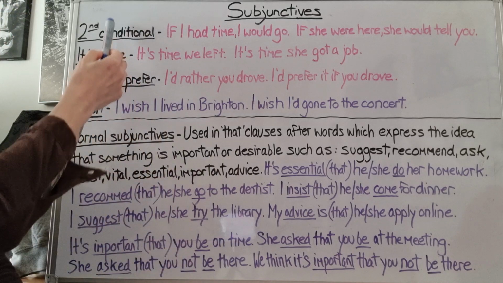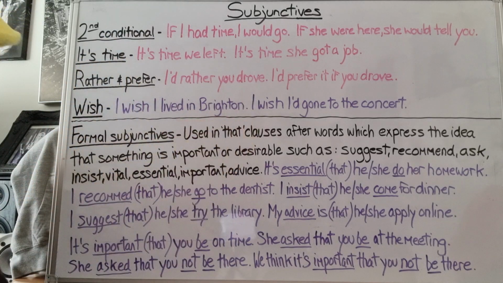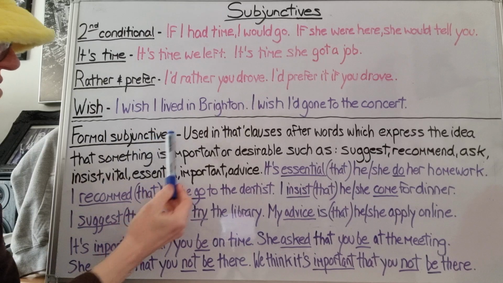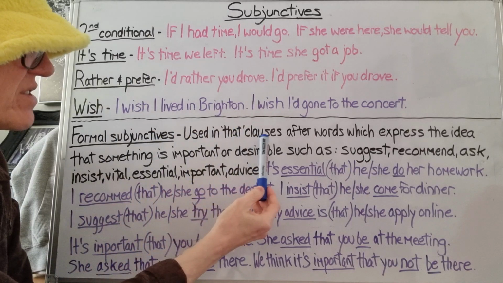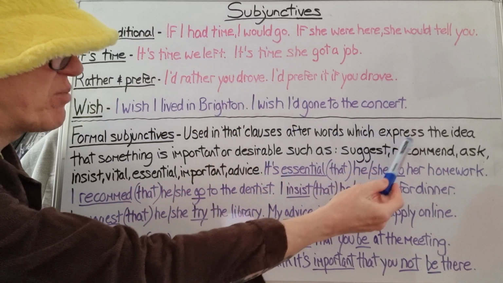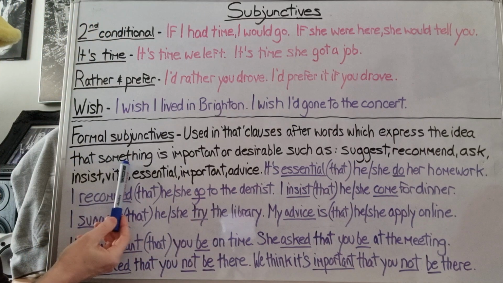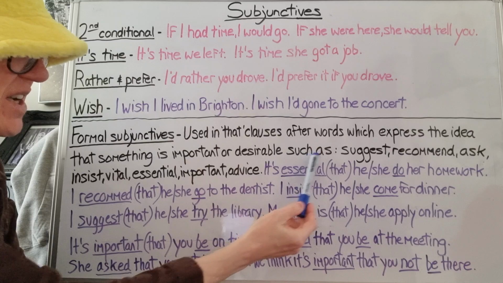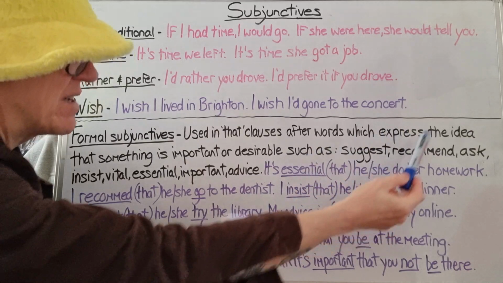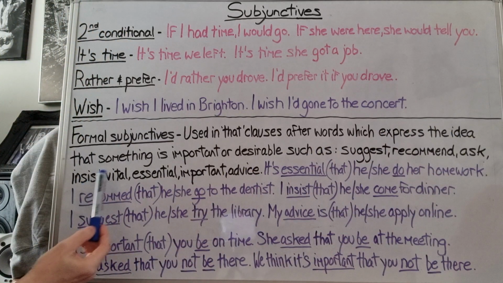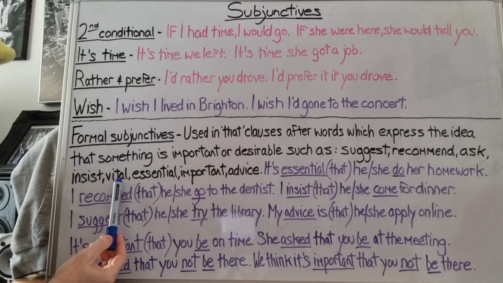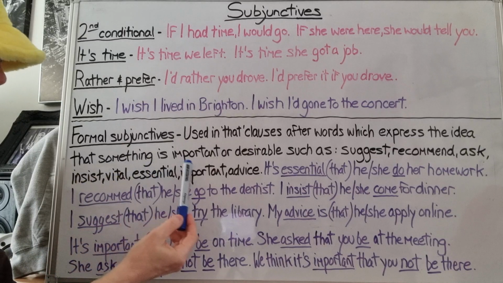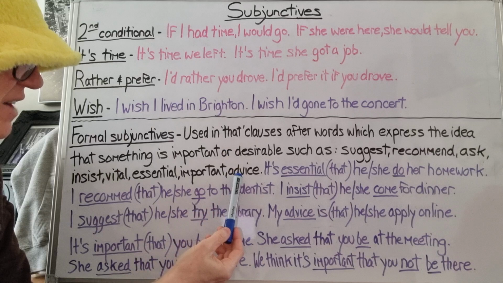So we use the subjunctive in these situations, but also formal subjunctive is used in that clauses after words which express the idea that something is important or desirable. Words such as suggest, recommend, ask, insist, and the adjectives vital, essential, important, and the noun advice.